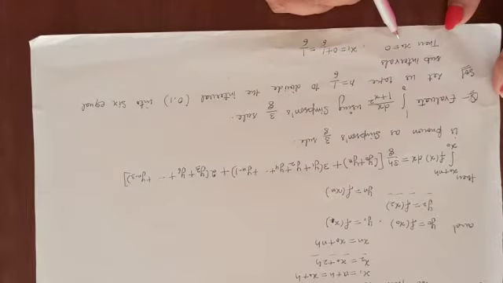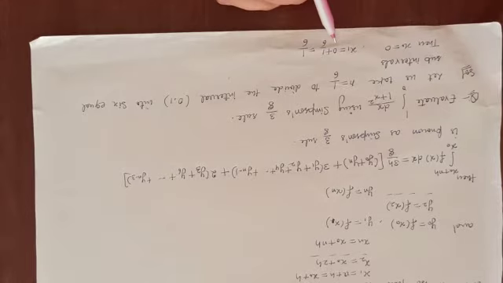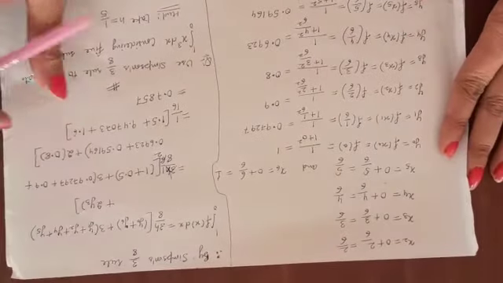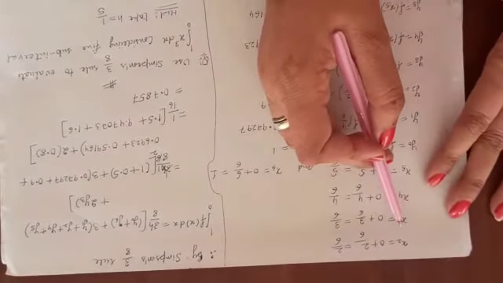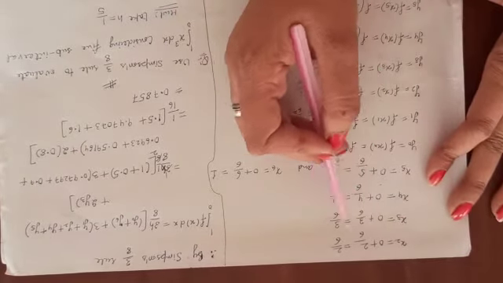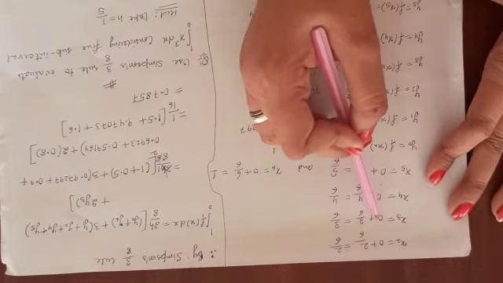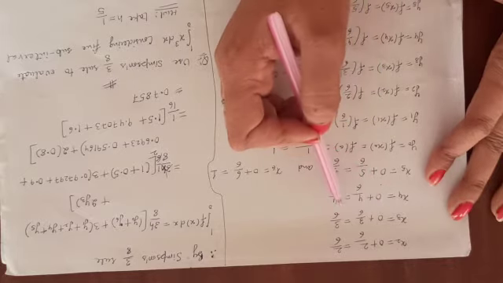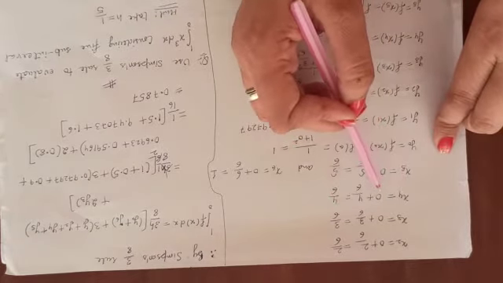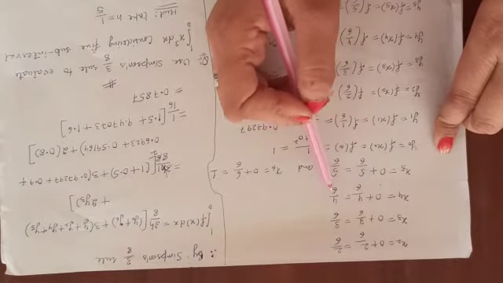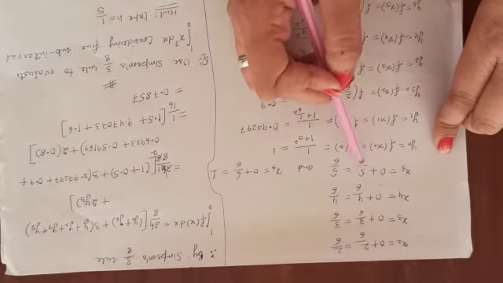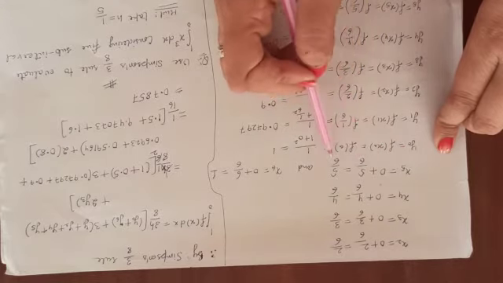Then x naught is 0, x1 is 0 plus 1 by 6 equals 1 by 6, and x2 is 0 plus 2 by 6, which is 2 by 6. x3 is x naught plus 3 times h, so this is 0 plus 3 by 6 equals 3 by 6. x4 is 0 plus 4 times h, so it is 4 by 6. x5 is x naught plus 5 times h, so this is 0 plus 5 by 6 equals 5 by 6.